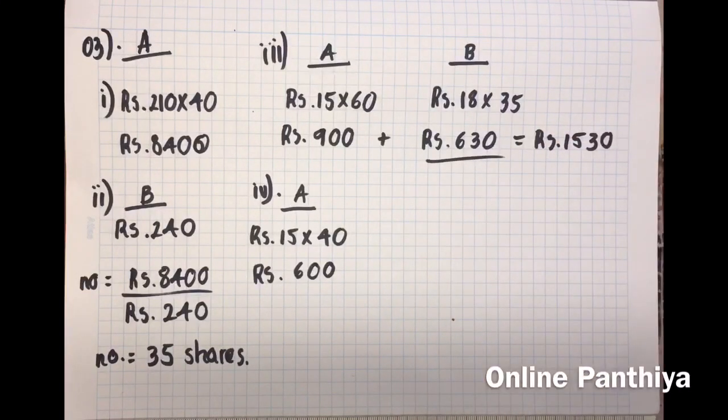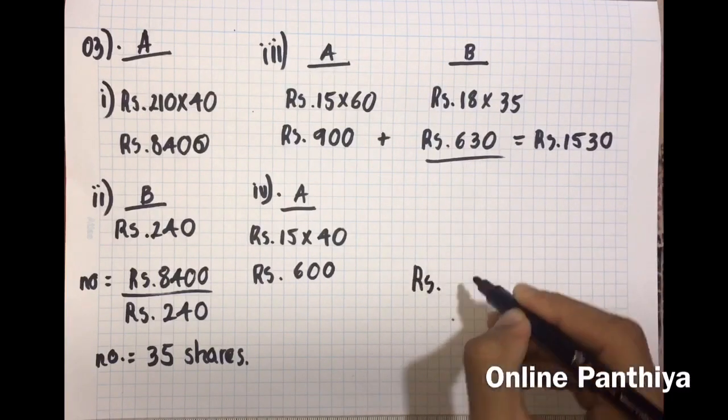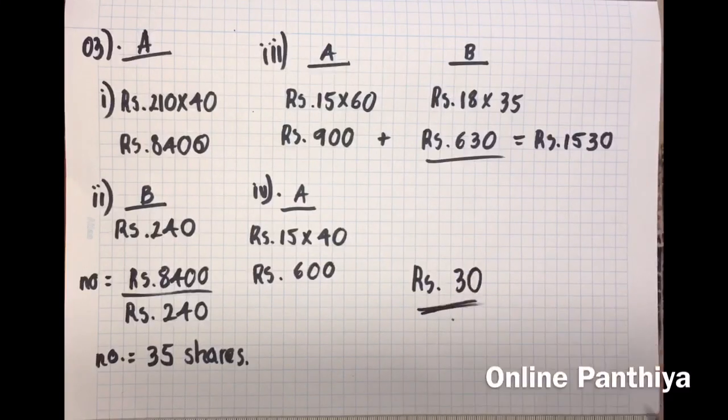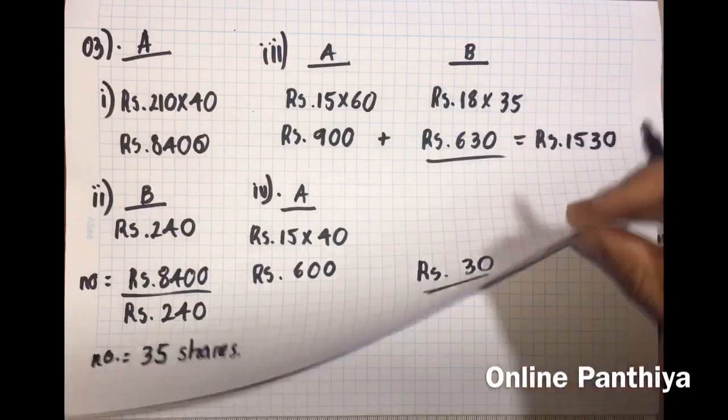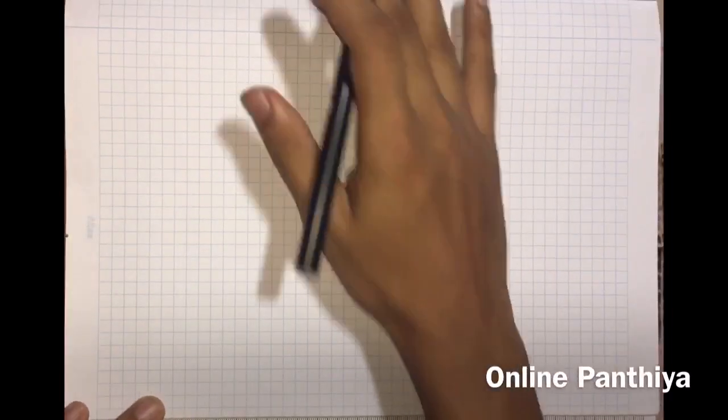Now they're asking you, what is the extra dividend he gets? Yeah, he's getting an extra dividend of 30 rupees. Understand? That is what they're asking you. Clear? Just have a look at the question. It looks easy. You just have to do a few calculations only. Nothing about shares. You just have to divide. Multiplication, division, only the calculation is left. So shall we move on to the next part?